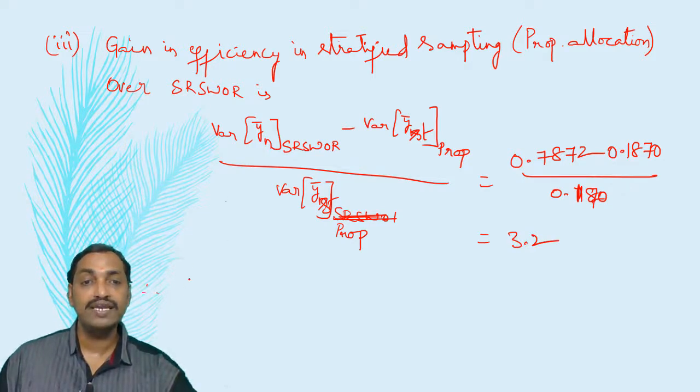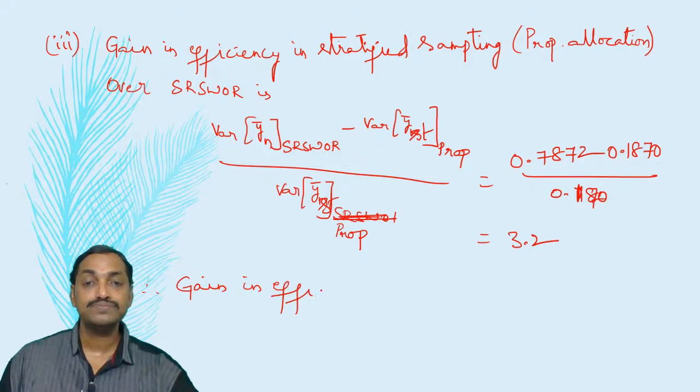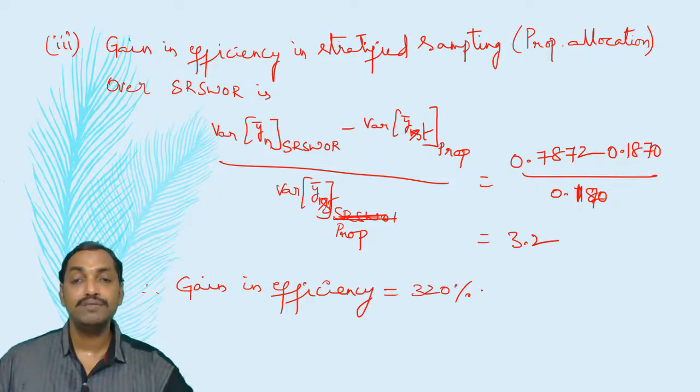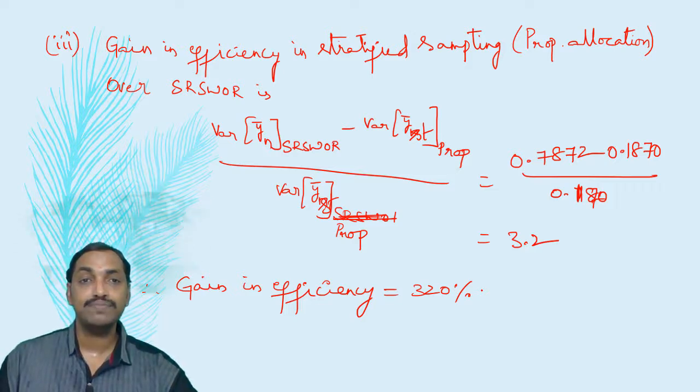Therefore, gain in efficiency in terms of percentage is 320%.